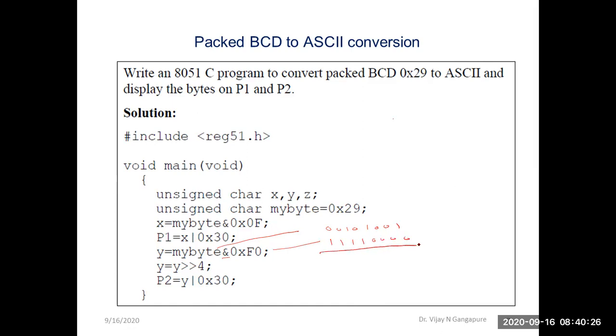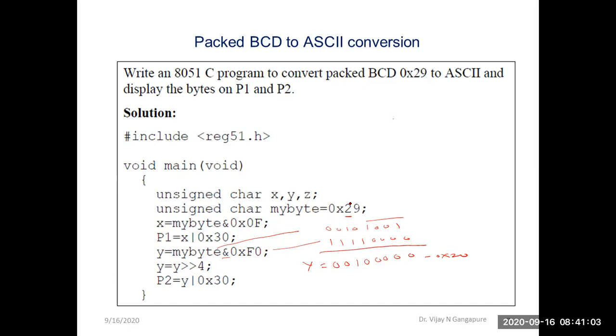That means we are masking the four lower bits. This AND operation produces 00100000, so this will produce 0x20. So y will have the value 0x20 after this. My byte ANDed with 0xf0 means we are just taking the next BCD number, 2.